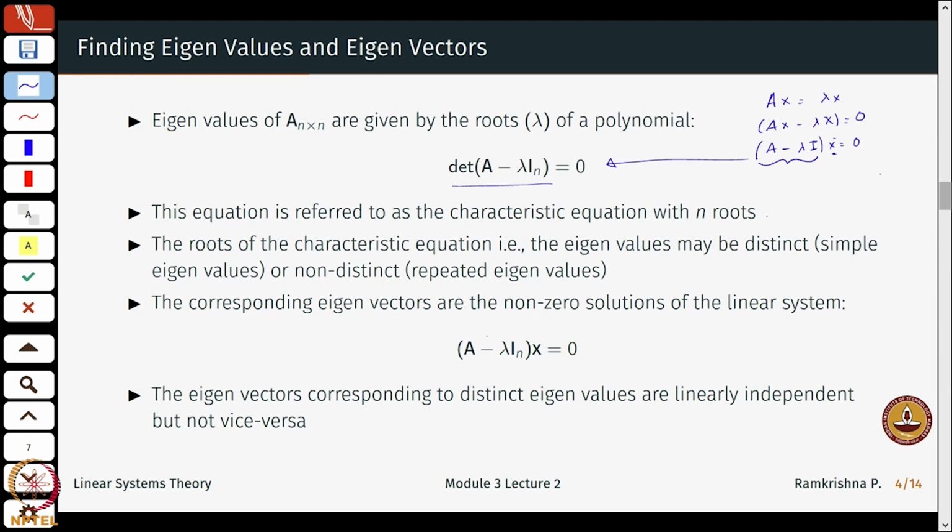And the corresponding eigenvectors are the non-zero solutions of the linear system of equations (A - lambda I_n)x = 0. An important property here is that the eigenvectors corresponding to distinct eigenvalues are linearly independent, but the converse may not be true. We will shortly do an example related to this.